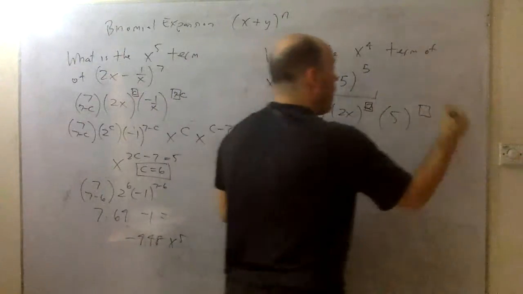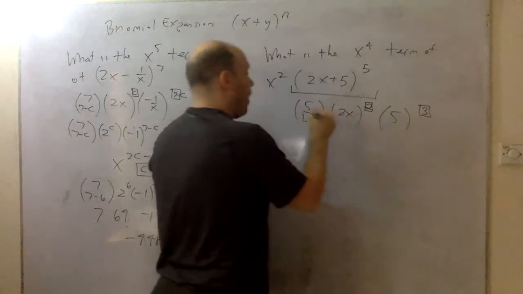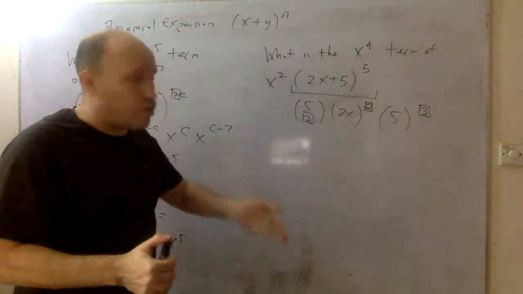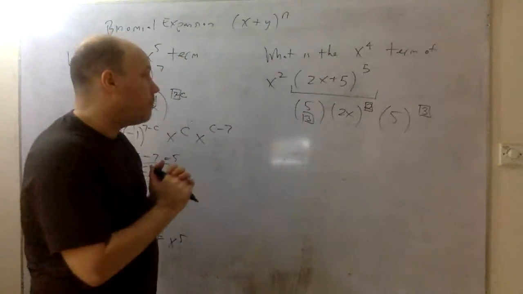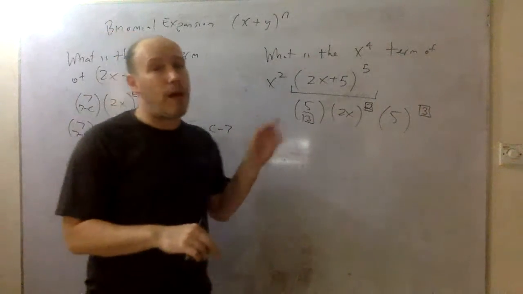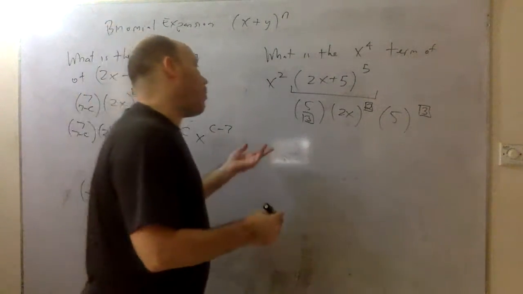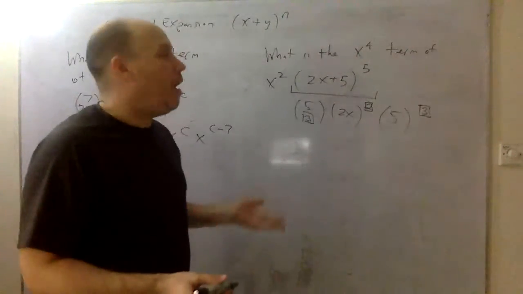That means my 5 is going to become a 3, and my r, the term here, is 5 choose 3. So you've got to put on your thinking cap a little bit, and that's the idea. So what is 5 choose 3?